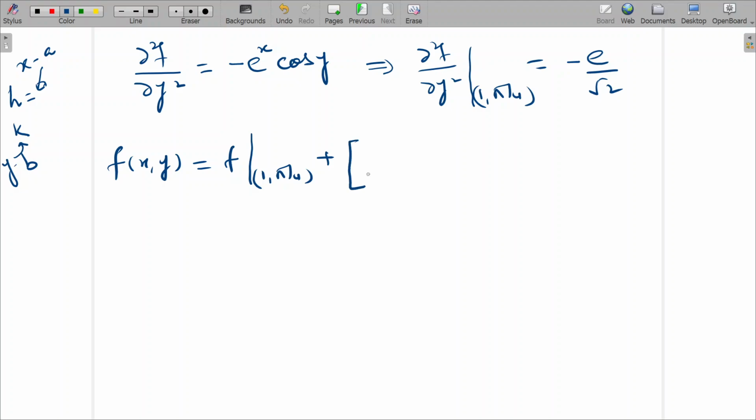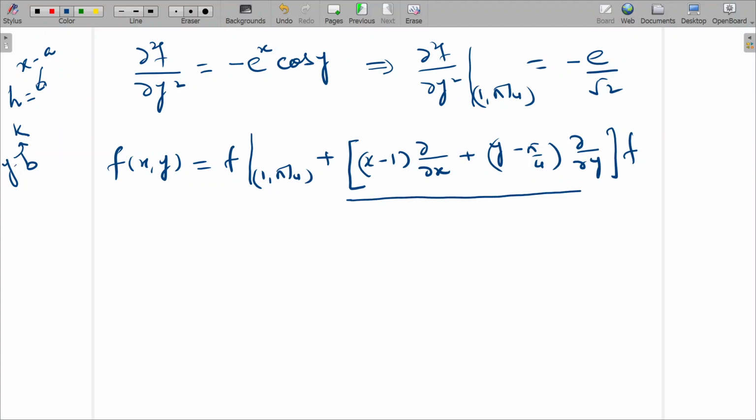So here we will obtain h times ∂/∂x, so that will be (x minus 1) ∂/∂x plus (y minus π/4) ∂/∂y f, and of course the value of this at the point (1, π/4), which we have already obtained. The last term is 1 over factorial 2.